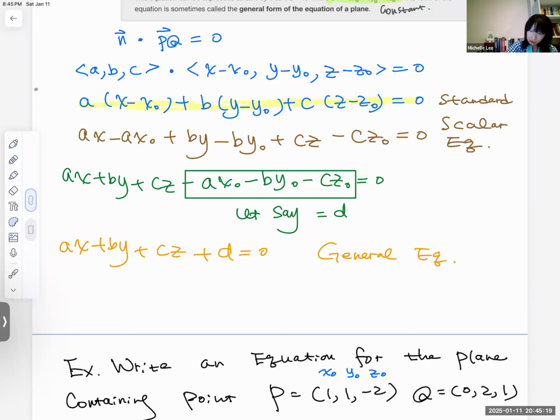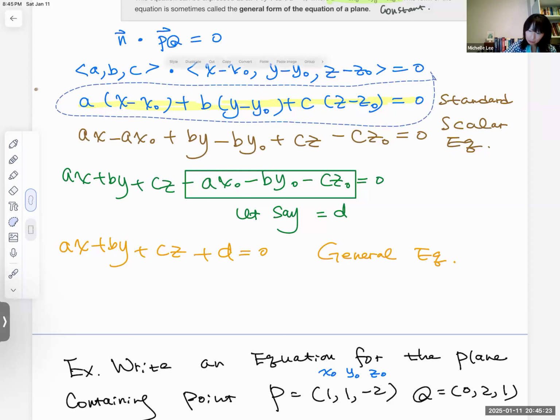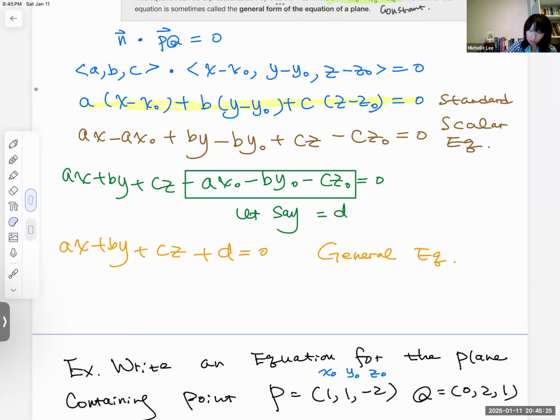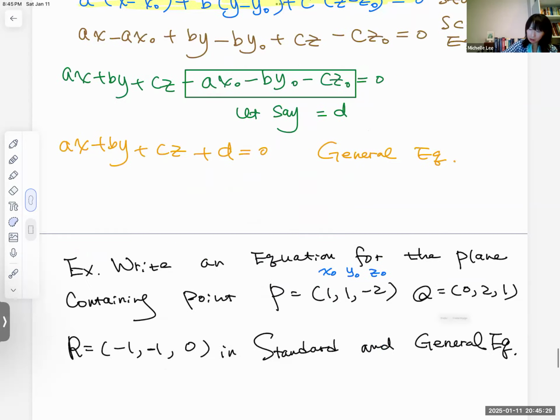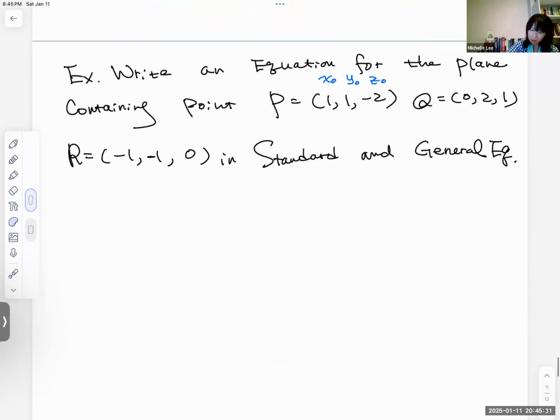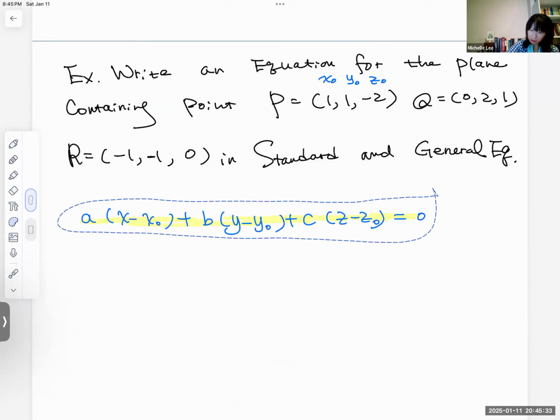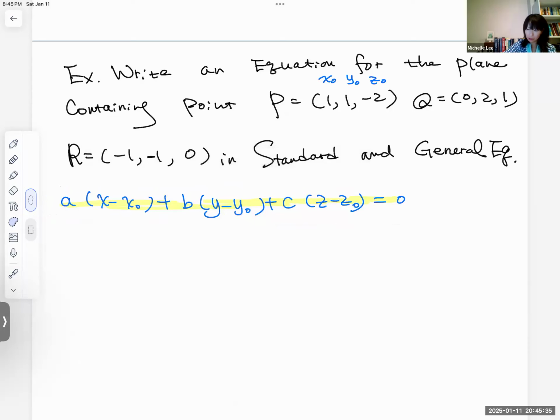So start here. And then the general, right? Okay, if we distribute and arrange the numbers, combining like terms, then we get the general equation, right?